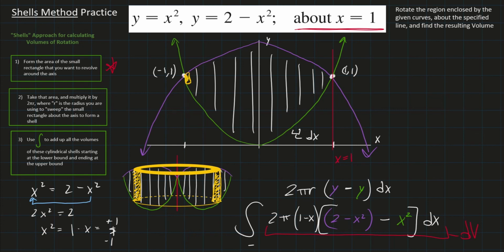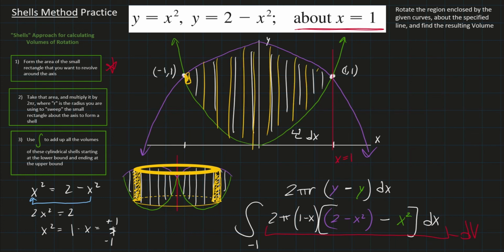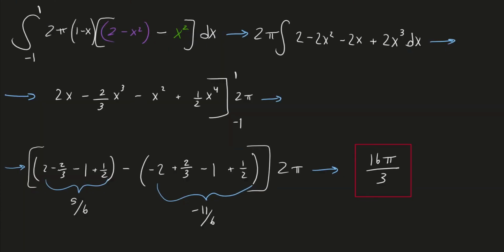So -1. And I'll keep adding those shells on until I reach this one right here at x is equal to +1. Okay, so let's math it out. And if we do that math, we'll get 16 pi over 3.